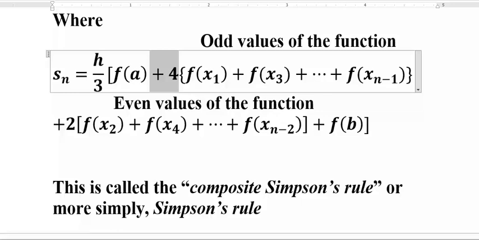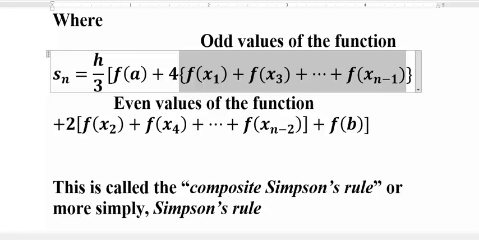Plus 4, as in the basic Simpson rule, and here we shall multiply it by the summation of odd values of the function, f of x1, f of x3, and so on.